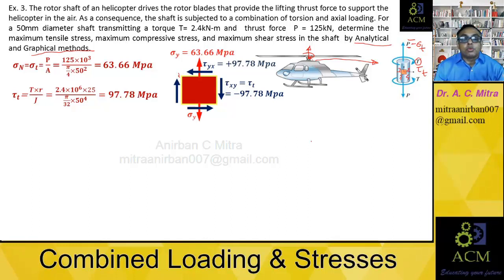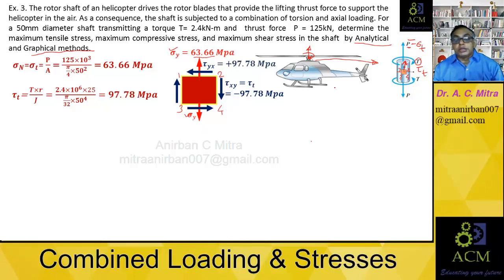So this is point 1, this is point 2, this is point 3, and this one is point 4. As the tensile stresses are applied in outward directions, here this is the direction of the tensile stresses. I have shown it here. Along the y-axis it will be 63.66. Similarly here also along the y-axis 63.66 outward from the element.